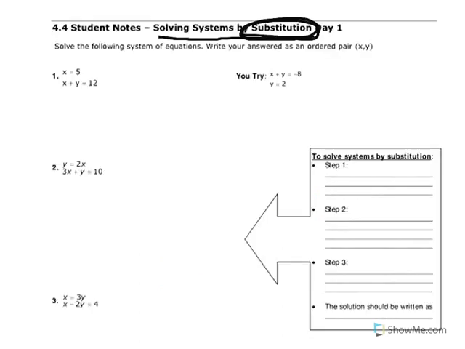Okay, so here are our notes. We have these two equations, x equals 5 and x plus y equals 12. Step 1 is to what we call isolate a variable. When I say isolate a variable, that means get the x or the y by itself.